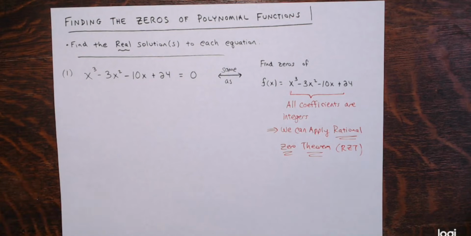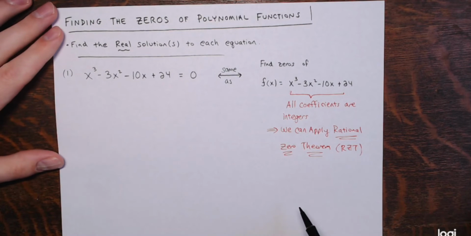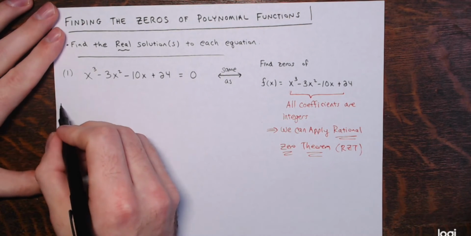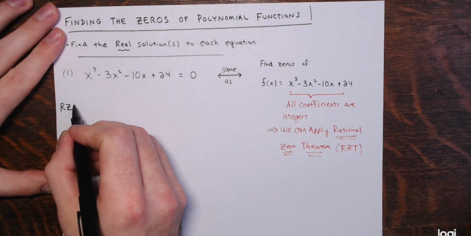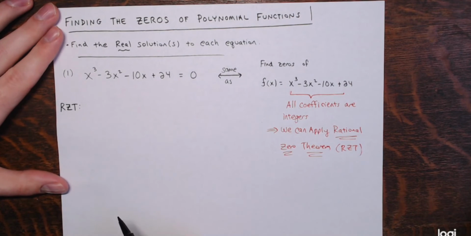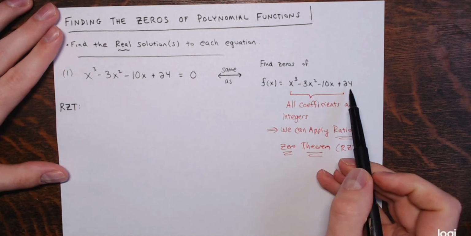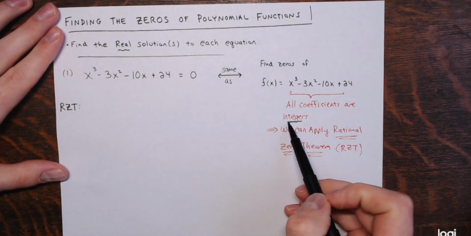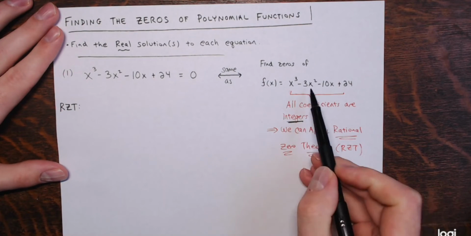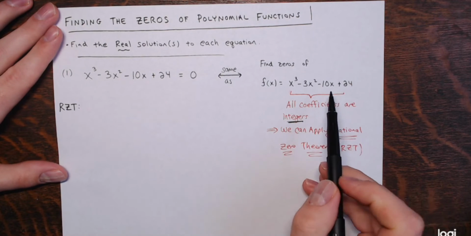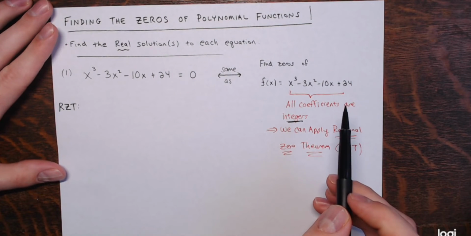Now remember what the rational zero theorem states. It states that if a polynomial function with integer coefficients, which this is, has any rational zeros, they're going to look like the following.